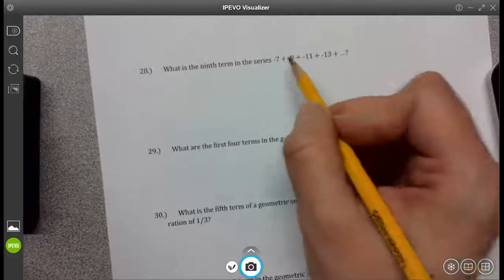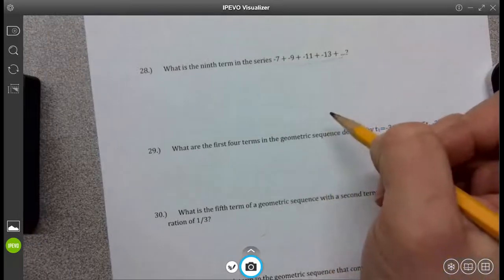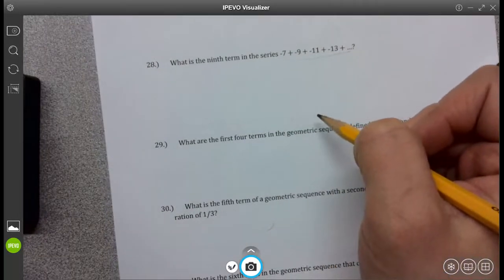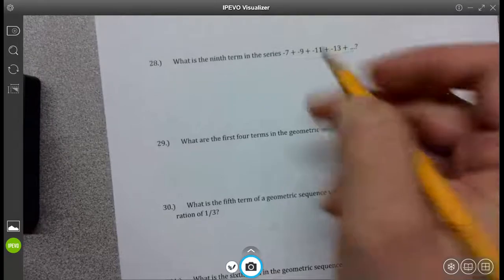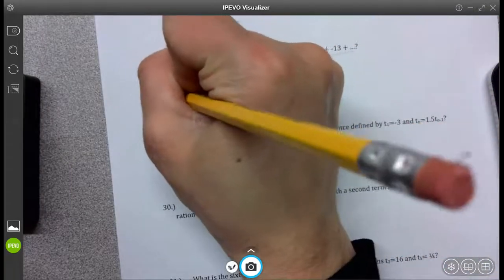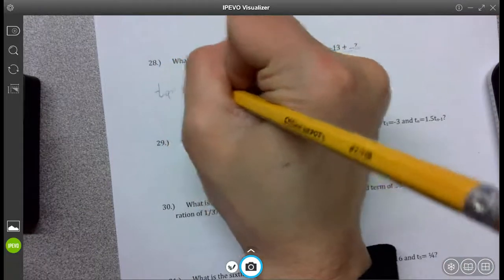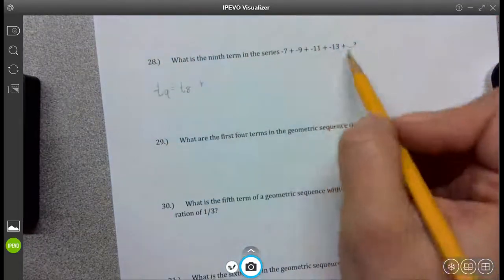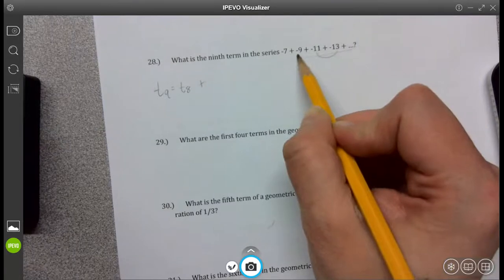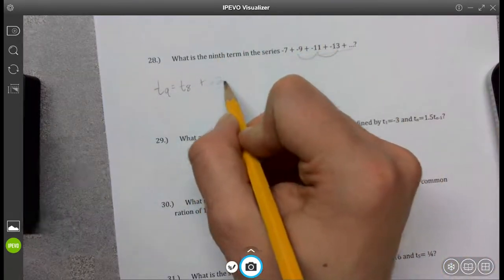It says, what is the 9th term in the series? Okay, it's arithmetic. You're adding the same every single time. What's the 9th term? Okay, so whatever term you're trying to find, it's your previous term plus what? So how do I get from here to here? How do I get from here to here? -2.